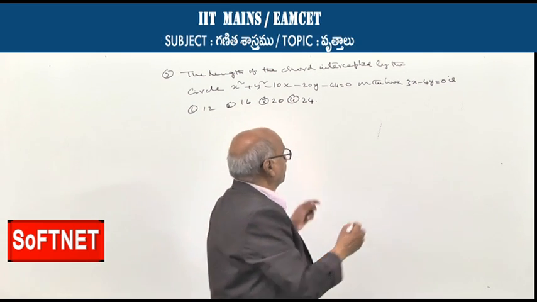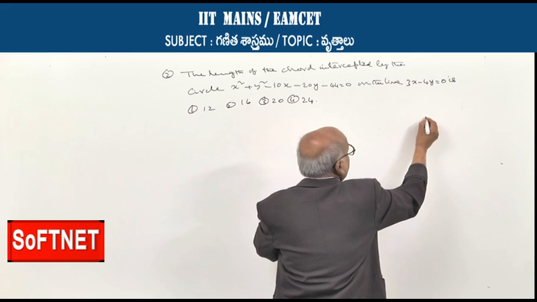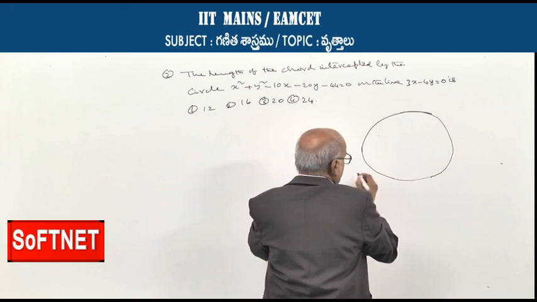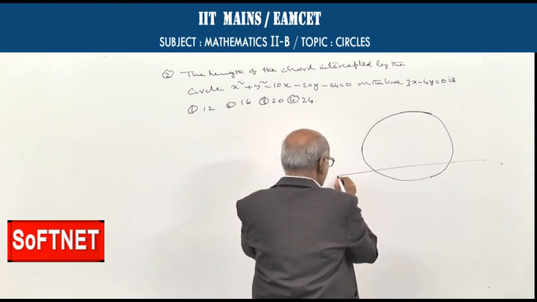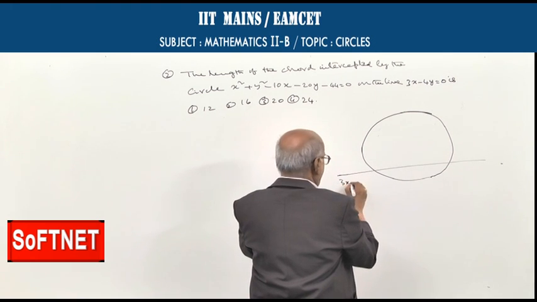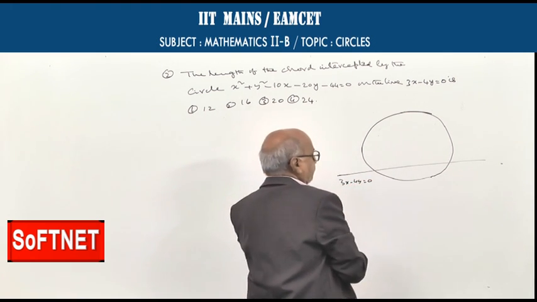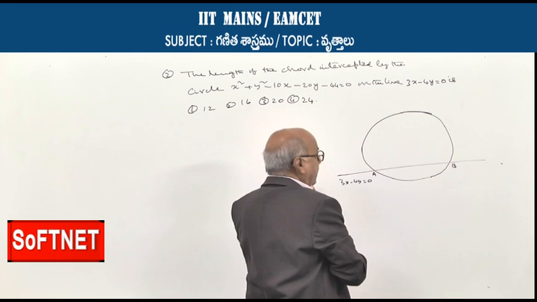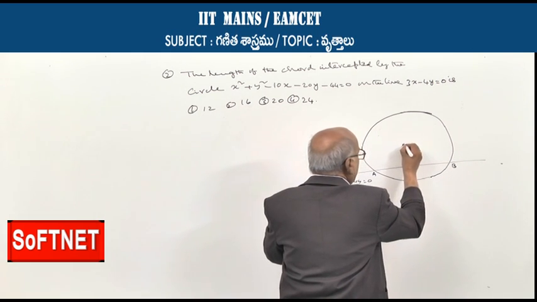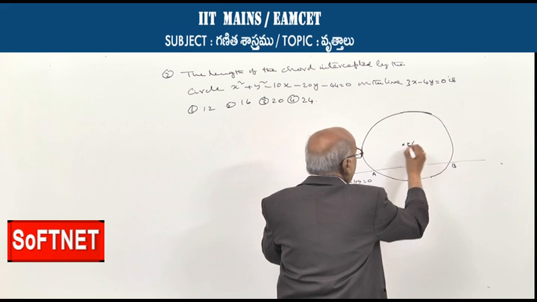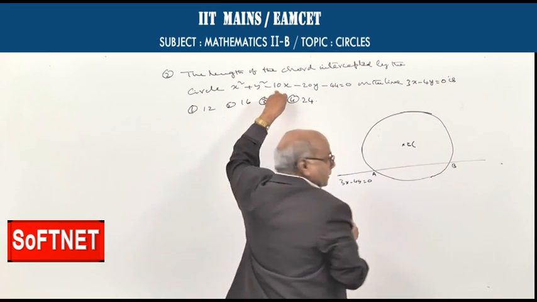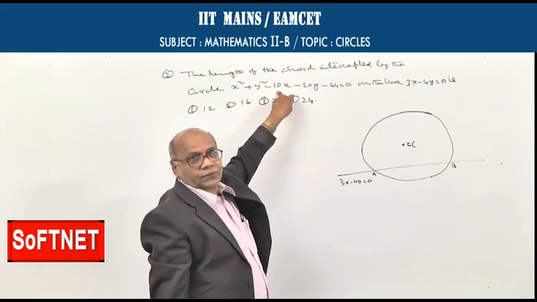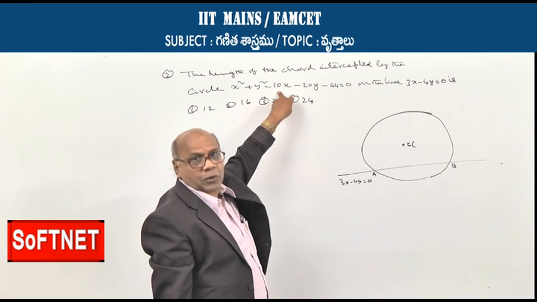Right. So you are given a circle and a line. The line equation is 3x minus 4y is equal to 0. Suppose the line cuts the circle in the 2 points A and B. You know that for any circle x square plus y square plus 2gx plus 2fy plus c equal to 0, which is the general equation of a circle, the center is (minus g, minus f).